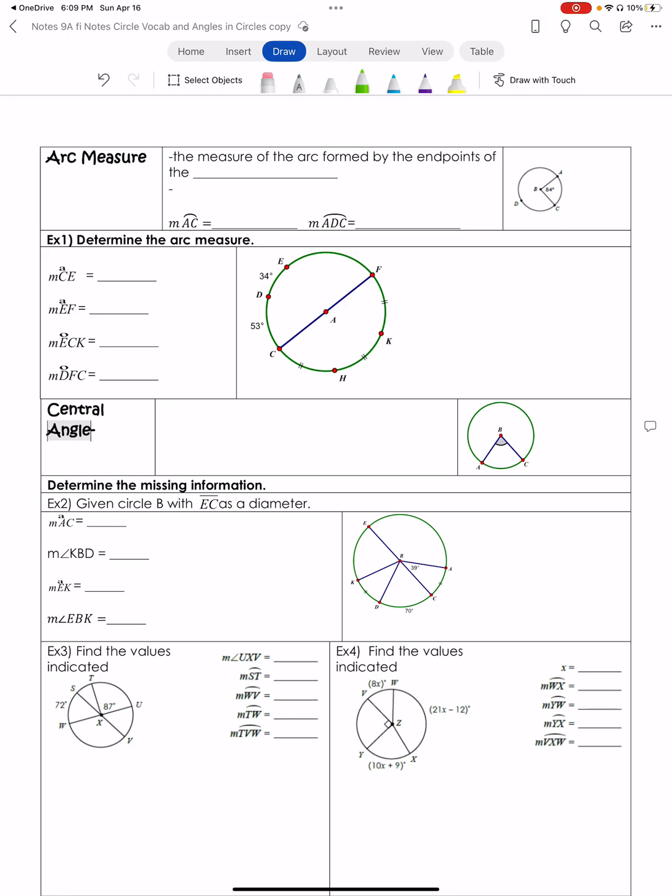I want to talk about arc measure. The measure of an arc is formed by the endpoints of the arc. It is measured in degrees or radians.